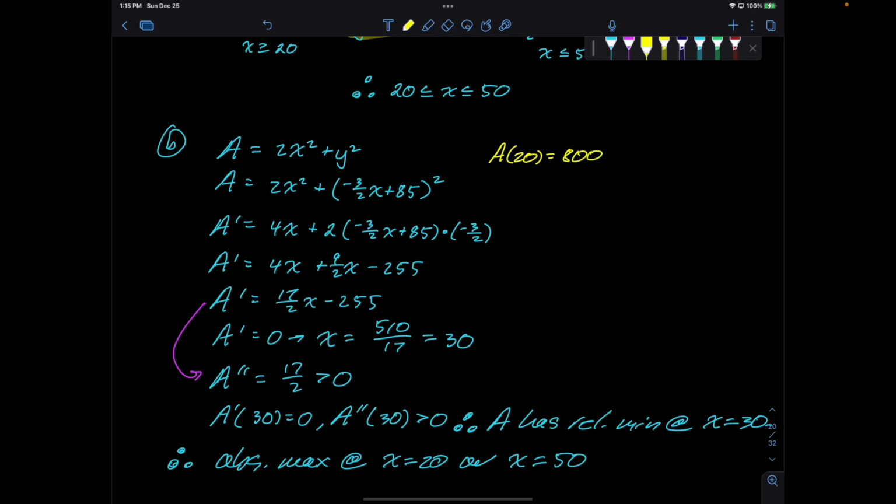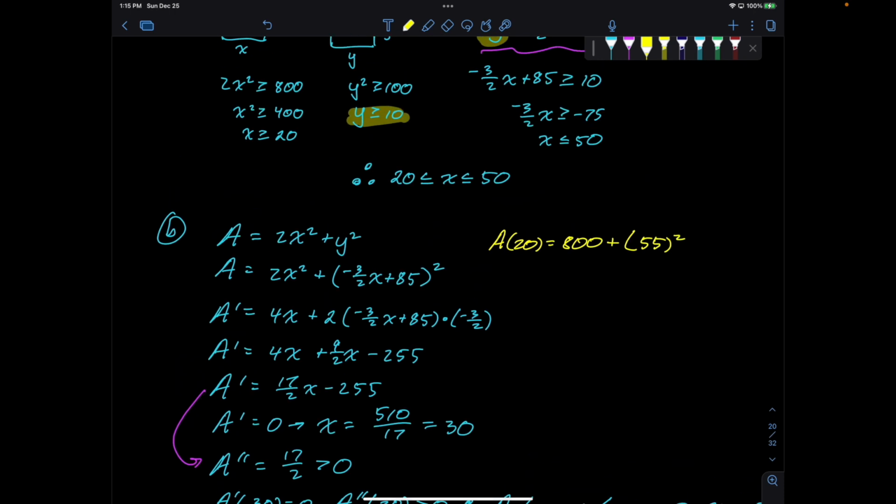That's 800 plus 20 divided by 2 is 10 times negative 3 is negative 30 plus 85 is 55 squared. Fantastic. So 55 squared is like 50 plus 5 squared, which is going to be 2500 plus multiplying together is 250 times 2 is 500 plus 25, so 3025.